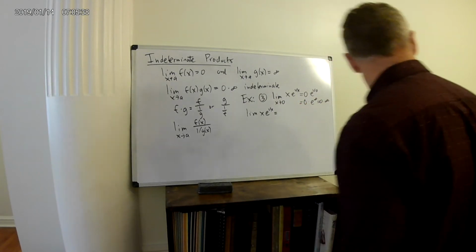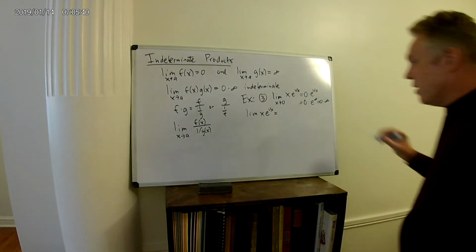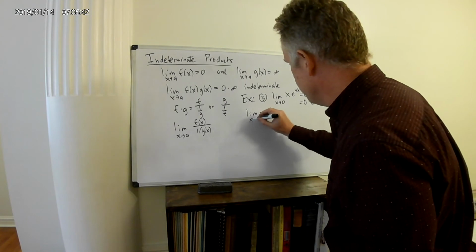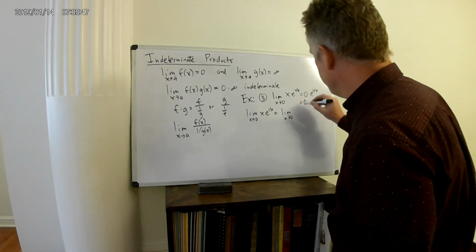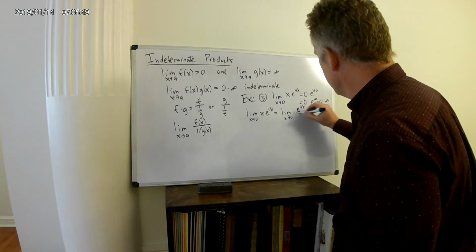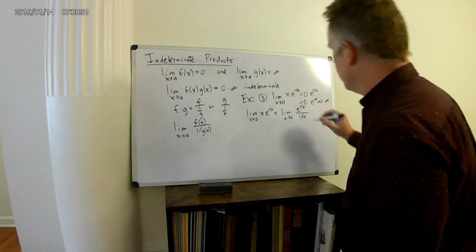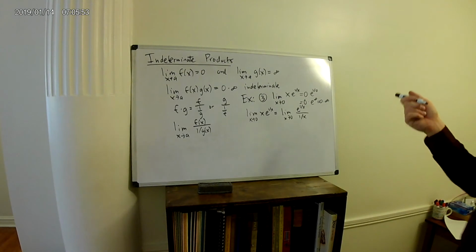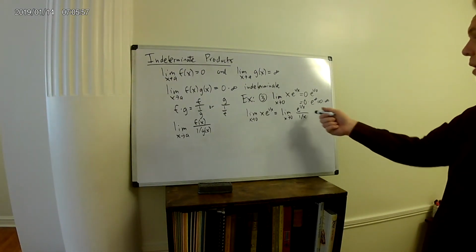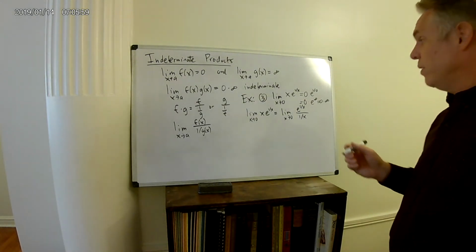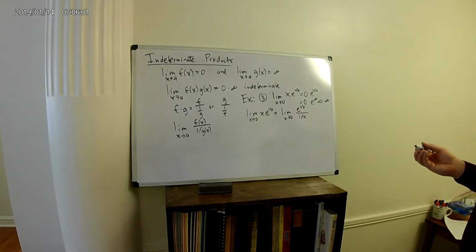So we can rewrite the limit of x times e to the 1 over x as the limit as x approaches 0 of e to the 1 over x divided by 1 over x. Now we can rewrite it in the standard L'Hopital's Rule form, and use L'Hopital's Rule to evaluate it by taking derivatives.